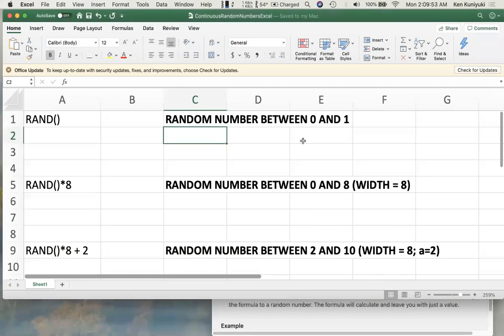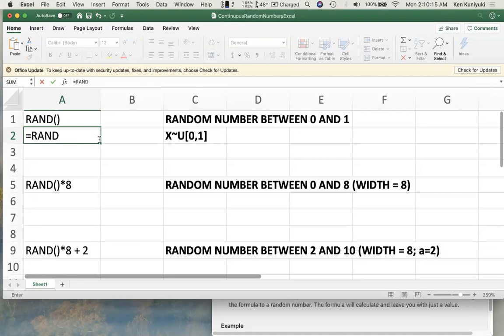And actually, Excel does require a formula technique. Now, first of all, you may remember from the last lesson that to get a random number between 0 and 1, for a uniform distribution 0, 1, where x takes on a value from this distribution, we would put equals RAND and then a pair of parentheses.